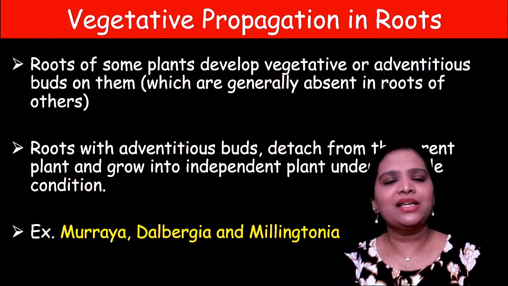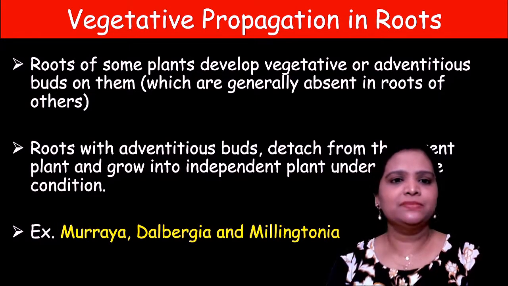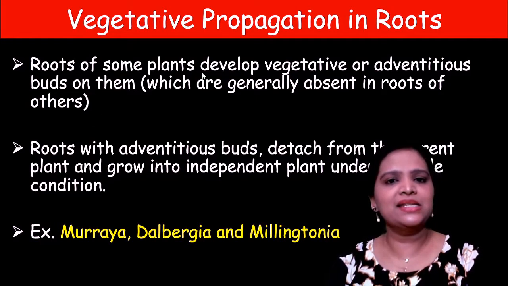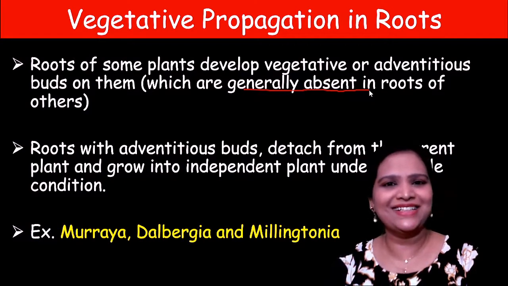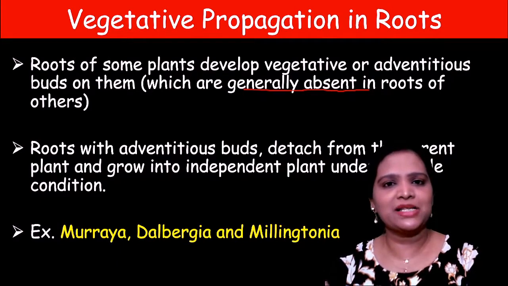So let us first talk about vegetative propagation in plants by the root modifications. That means roots of some plants develop vegetative or adventitious buds on them, which are generally absent in the roots of others. This is important. Not every plant's roots will have this type of adventitious buds.